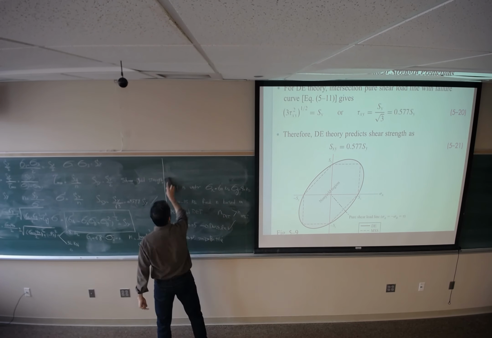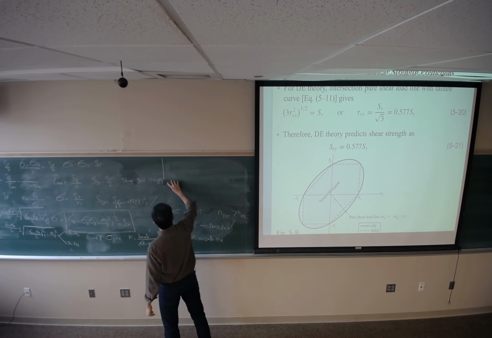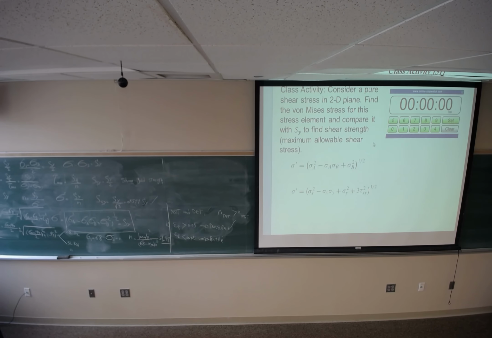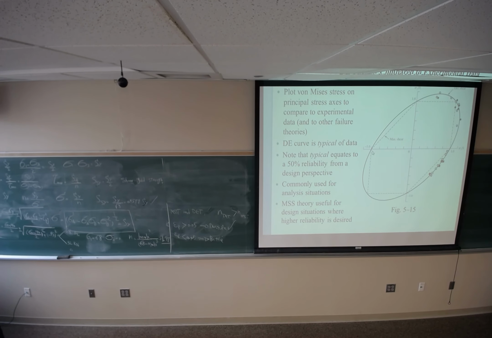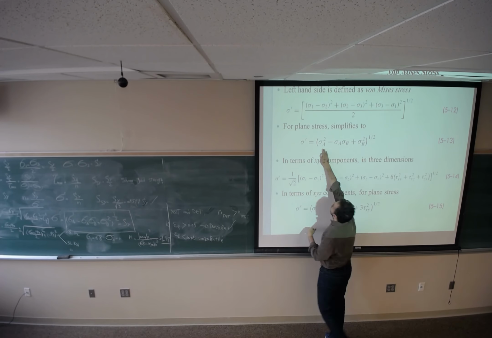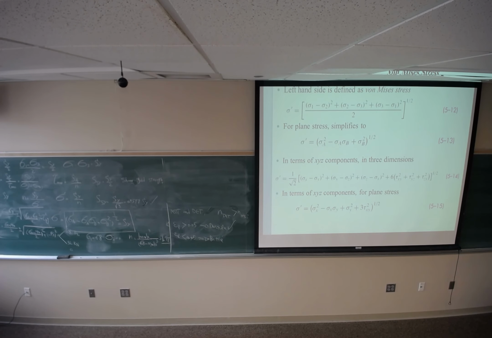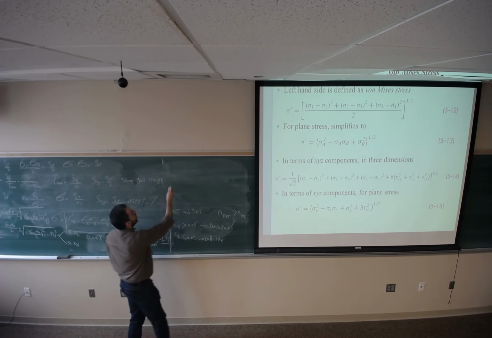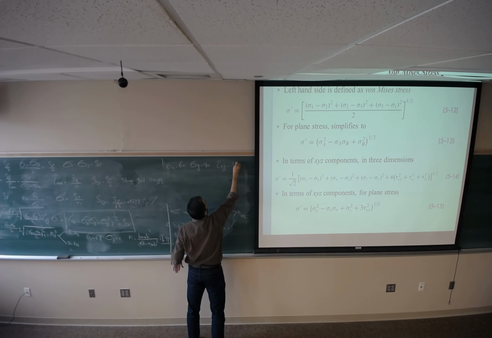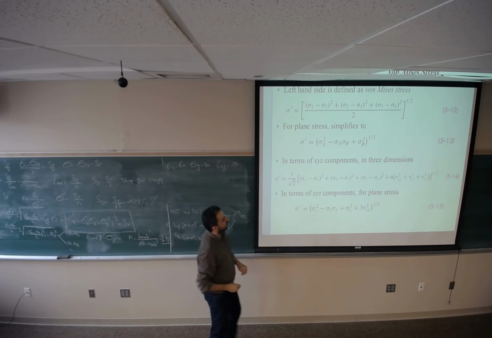So for distortion energy theory, if I want to find n, I should find the von Mises stress. I already found sigma A and sigma B, so I can find the von Mises stress by using equation 5.13. But if you just want to use sigma x equals 60, sigma y equals 40, and tau xy equals negative 15, you can simply use this equation to find sigma prime. You will get the same result.